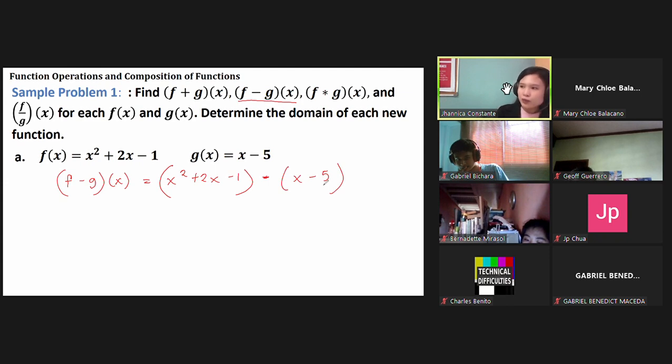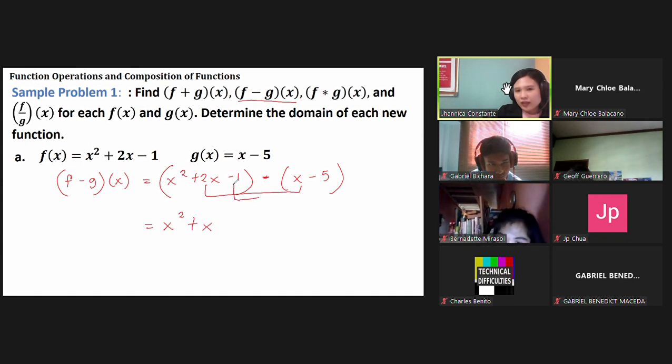The same rule applies: when you are subtracting, you can only subtract the terms that are similar, or like terms. So x squared will remain by itself since it doesn't have a like term. So 2x minus x is equal to positive x. Negative 1 minus negative 5 is equal to positive 4.